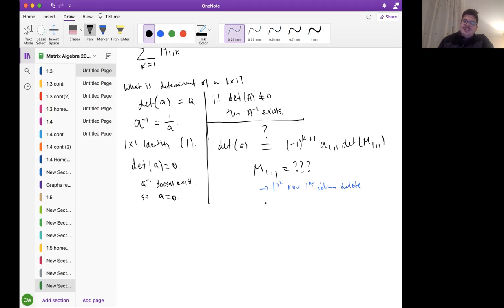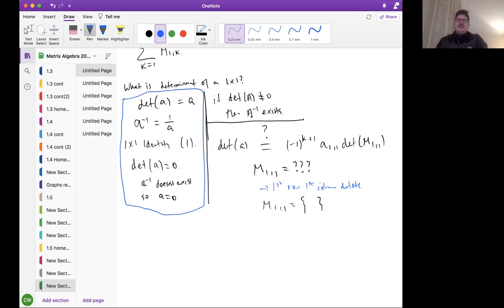Exactly, so M11 is like the empty set or something. So that's why we can't really use that formula for a 1x1. So we have a separate account for thinking about the determinant of a 1x1. Essentially, you just ignore that. It's not to say that the determinant of the empty set is 1 or anything.